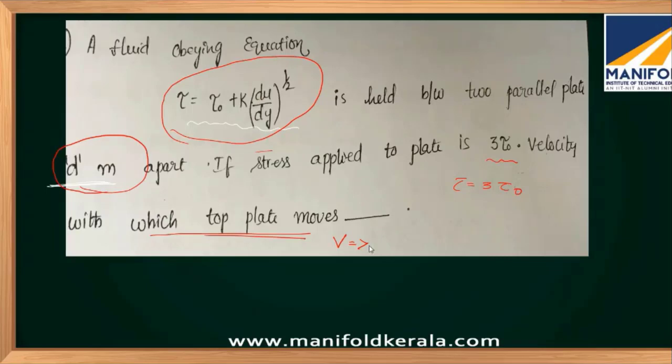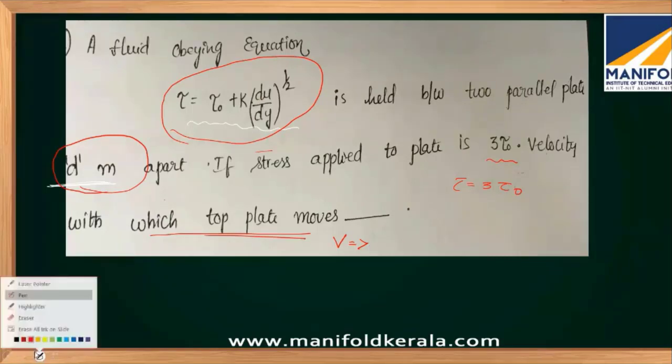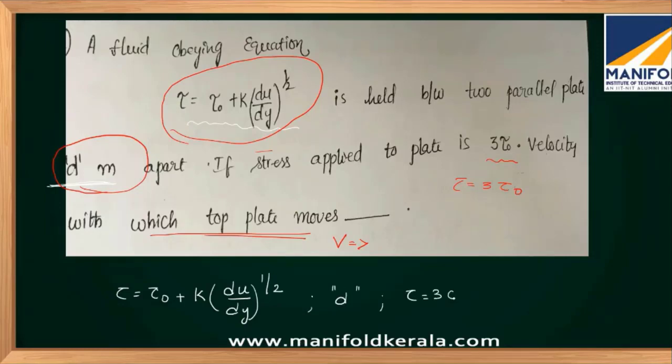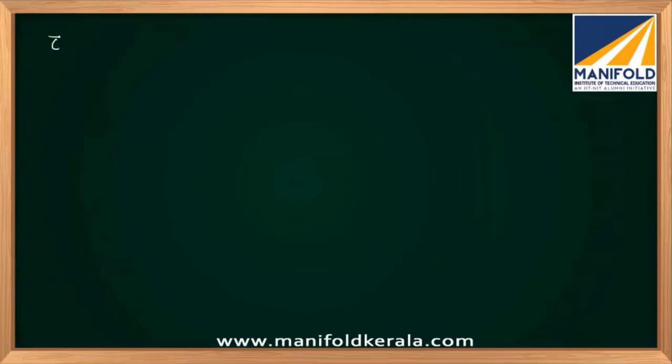So again, this question represents a question of the viscosity concept only. The given data here is, he gave an equation tau is equal to tau naught plus k into (du by dy) whole power 1 by 2. This is one given data, and d meters is the distance between the plates, and tau is equal to 3 tau naught, and he is asking you to find out the velocity. For this, we have a formula tau equal to mu into du by dy.